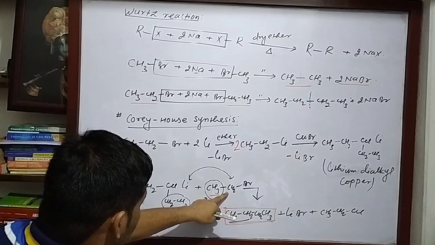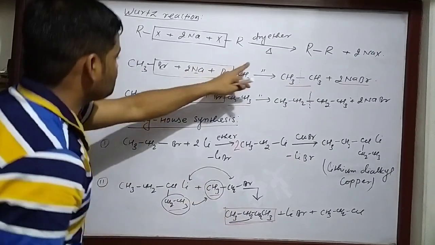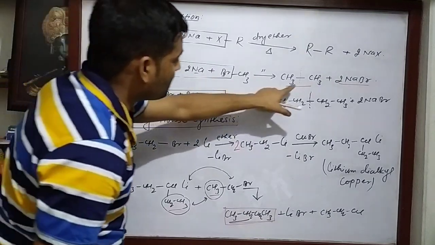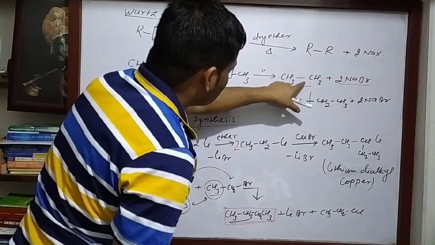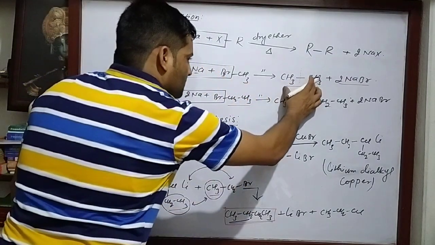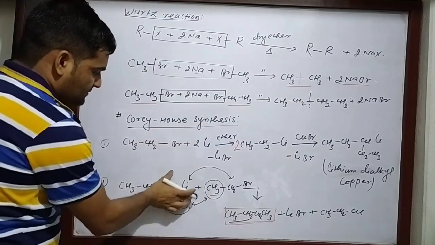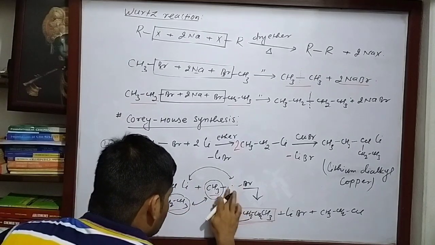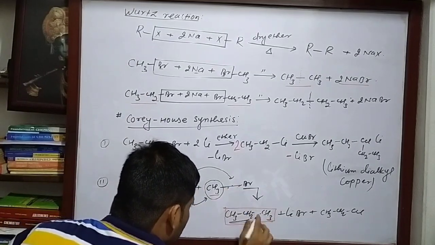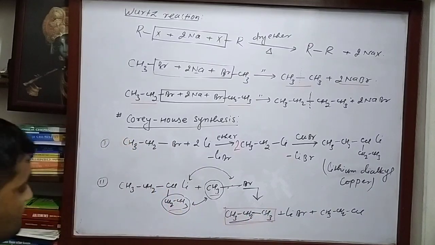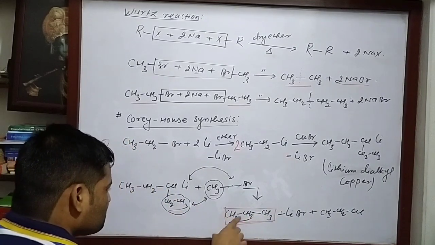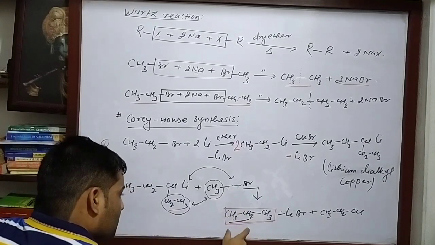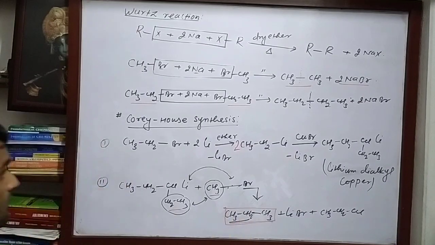Here also alkane is prepared from haloalkane, here also alkane is prepared from haloalkane, but this Wurtz reaction is used to prepare symmetrical alkanes having an even number of carbon atoms, and this Corey-House synthesis is especially used to prepare, suppose when you take CH3Br, then it gives unsymmetrical alkane, and this Corey-House synthesis is used to prepare symmetrical as well as unsymmetrical alkanes, or alkanes having an even number of carbons as well as an odd number of carbons.